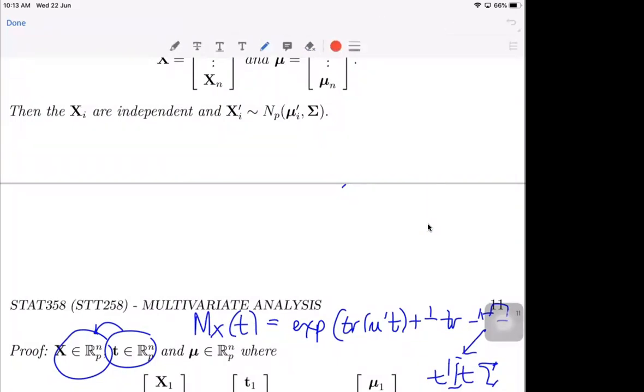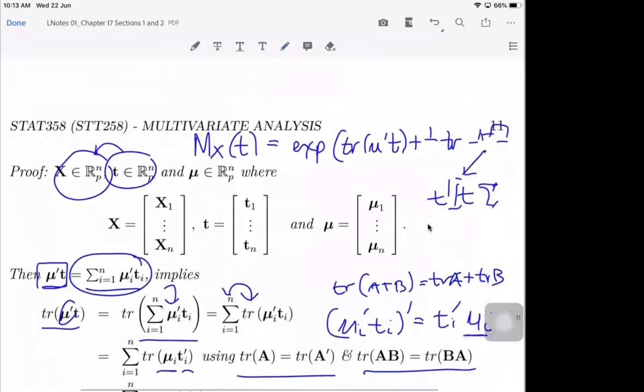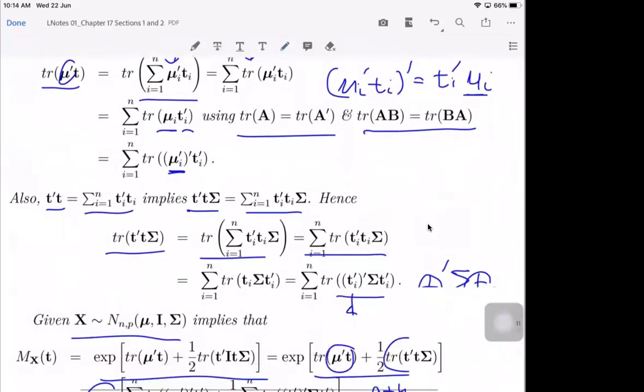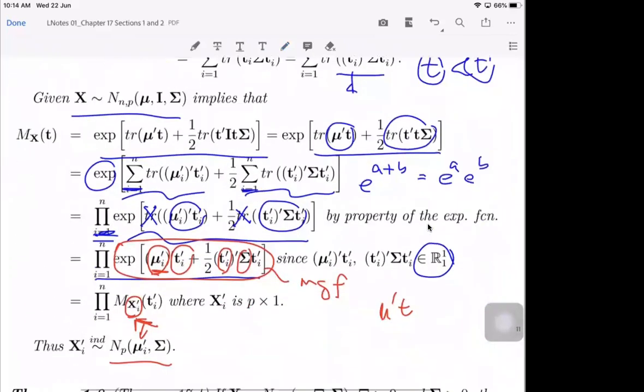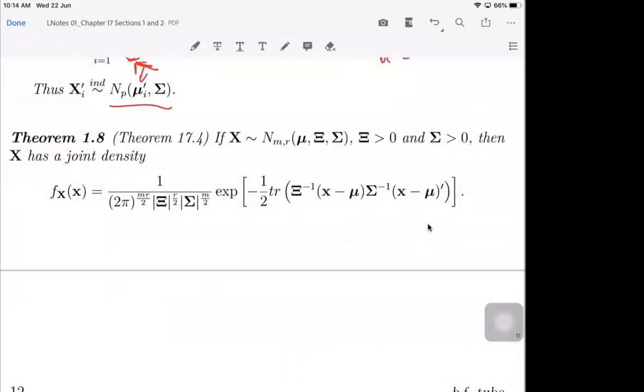Yes, ma'am. So the partition: if your whole matrix is normally distributed as a whole, it follows that each component is also normally distributed. Is it true that if each one is normally distributed, when you put them together they are normally distributed?